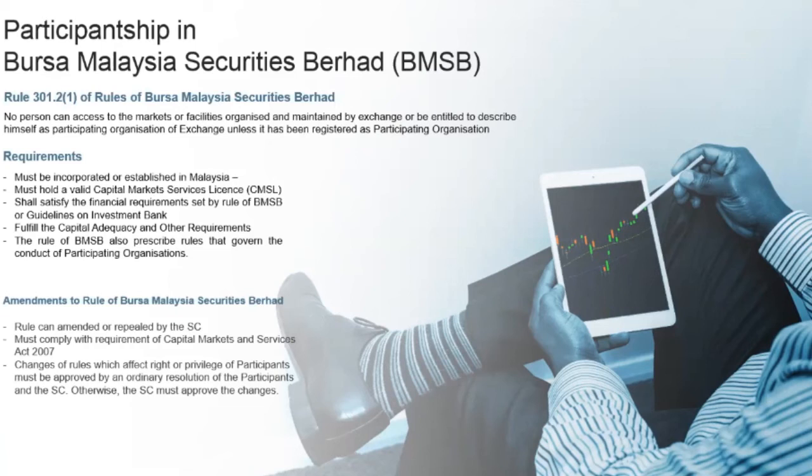The rules of BMSB also prescribe some rules that govern the conduct of participating organizations. The last part of BMSB is amendments to the rules of BMSB. Rules can be amended or repealed by the SC and must comply with the requirements of the Capital Markets and Services Act 2007.